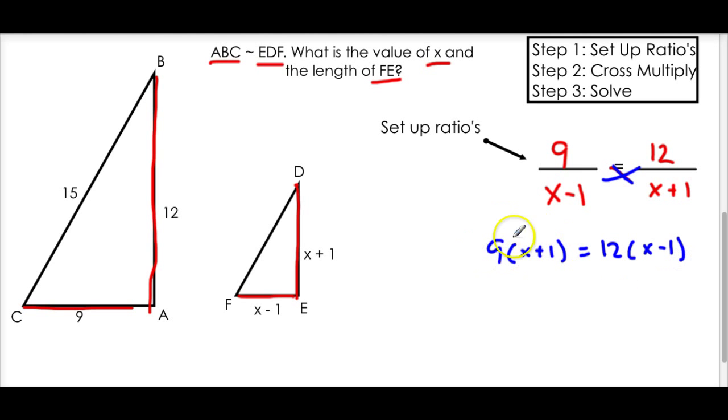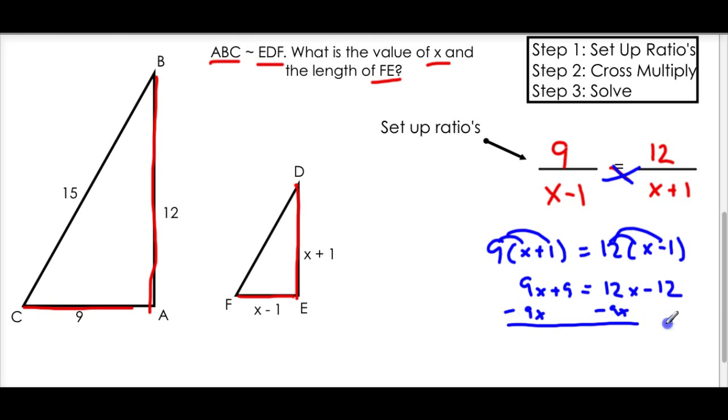Now to solve this, the first thing you do is distribute. Okay? So we're going to distribute the 9 to both of these. So that's 9x plus 9 is equal to, and we're going to distribute again, 12x minus 12. To solve, let's see, I'm going to subtract 9x from both sides. All right. That cancels. I get 9 equals 3x minus 12.